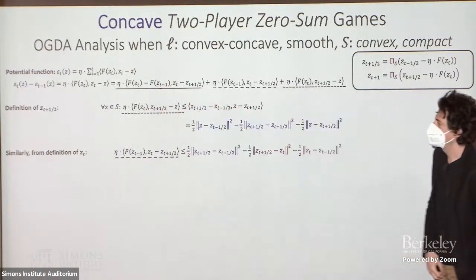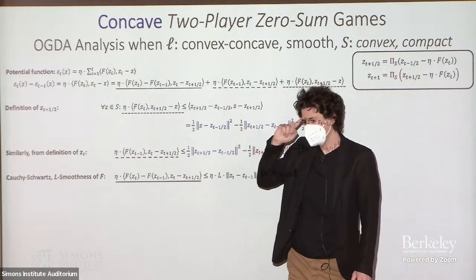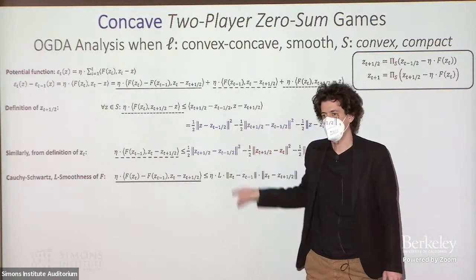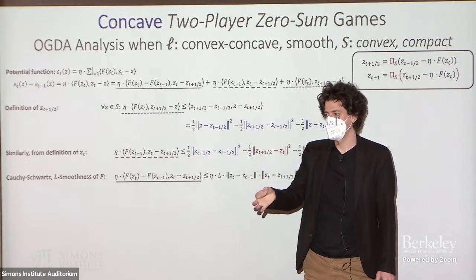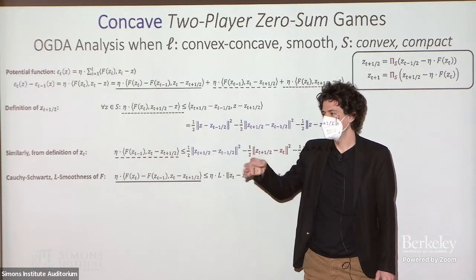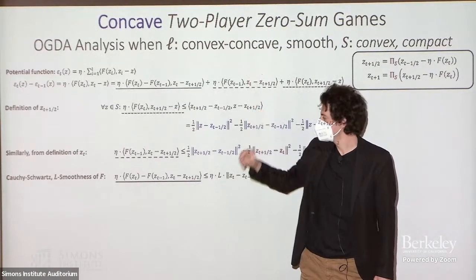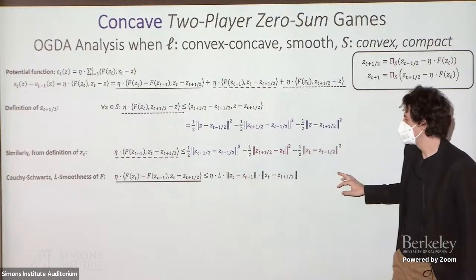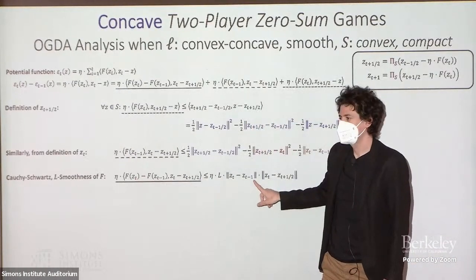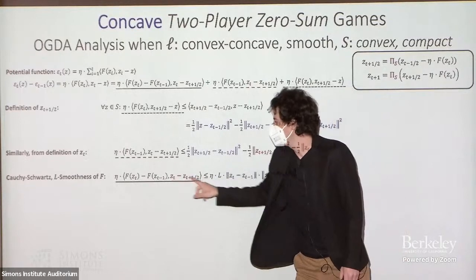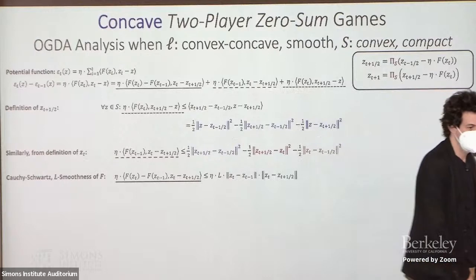For this inner product, you're first going to do Cauchy-Schwarz. Remember, this is the only thing I'm going to use in this slide about this F: that F is lambda Lipschitz, which came from the fact that I'm thinking about a smooth problem. So I do Cauchy-Schwarz, and I have basically this difference, L2 norm, and that difference, L2 norm, and L comes from the Lipschitzness.